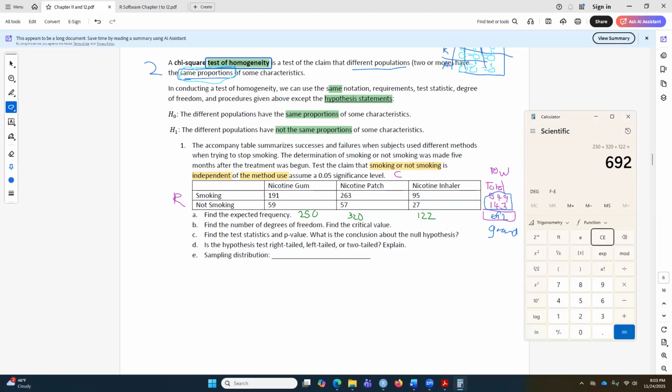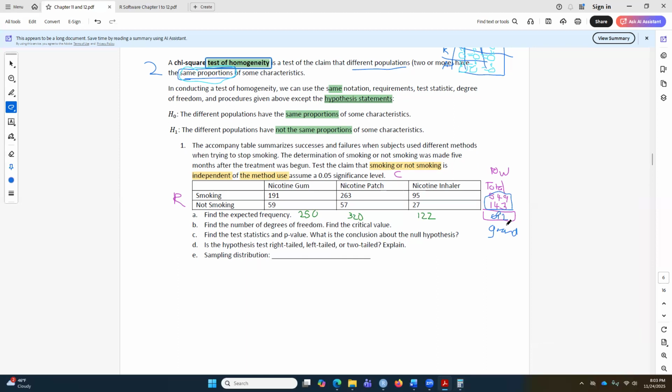So you should get 692. So again, you only add the row totals or the column totals to get your grand total. And this 692 is your N. That means they surveyed 692 people, the sample size in this case.